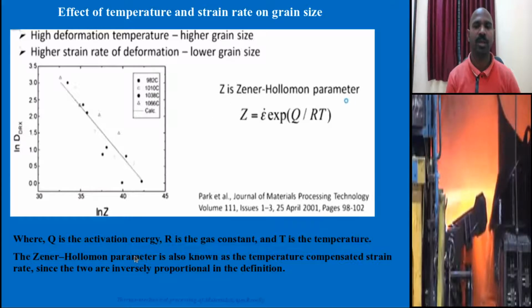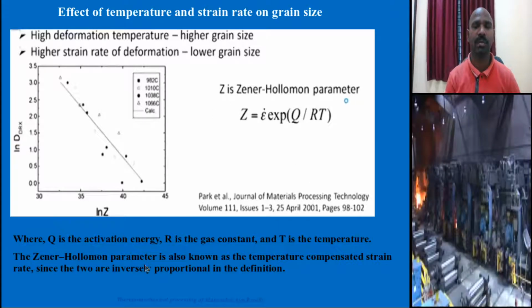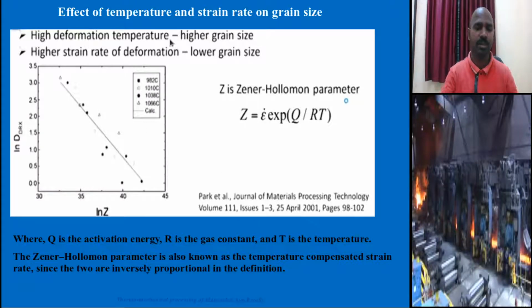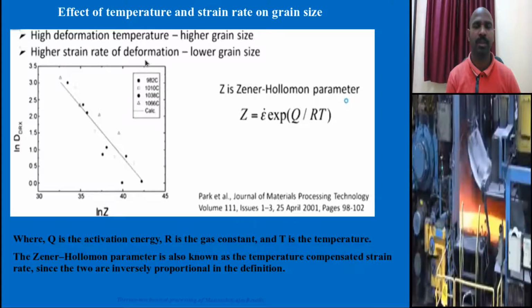This parameter mainly gives an idea that higher deformation temperatures will provide larger grain size if you choose a higher temperature, but if a higher strain rate is also chosen, you will get a lower grain size. In other words, the strength of the material will be improved.